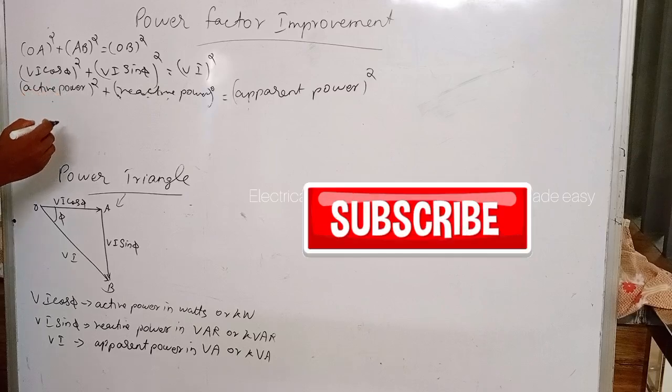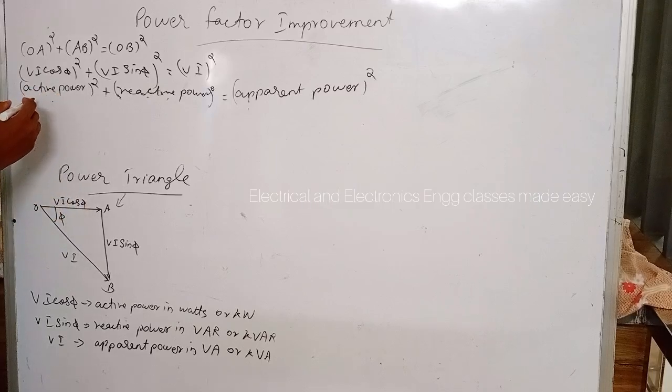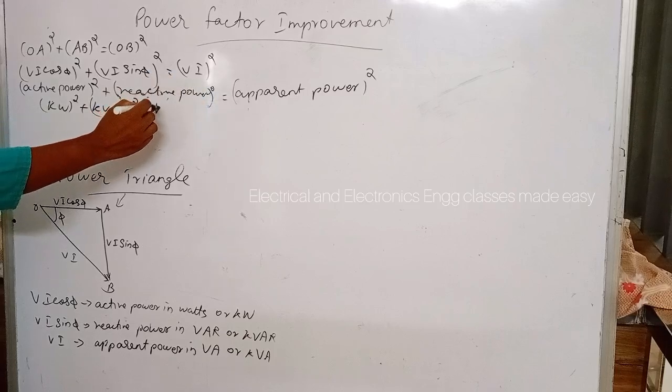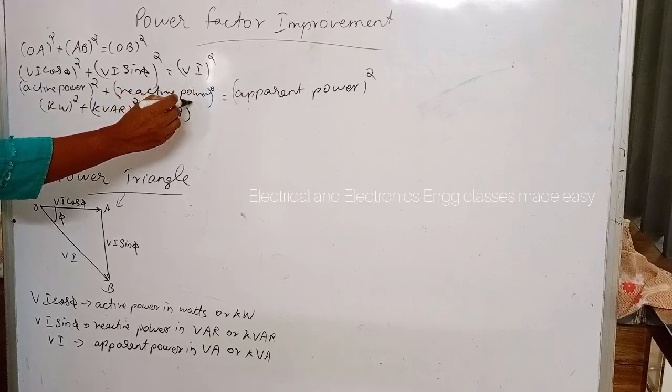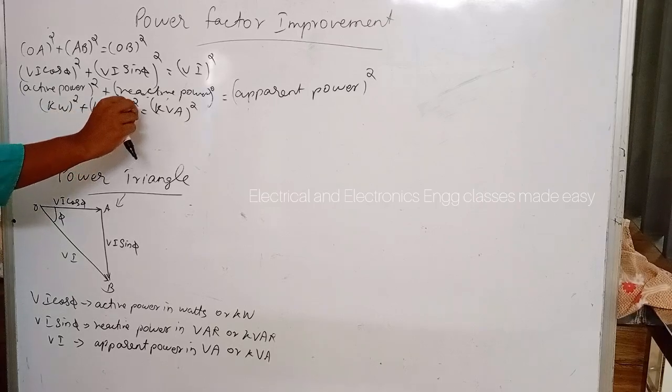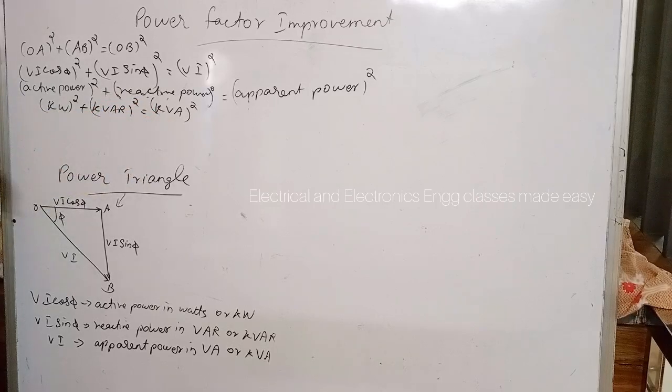That is, active power in kilowatt squared plus reactive power in kVAR squared equal to apparent power in kVA squared, that is kW squared plus kVAR squared equal to kVA squared.